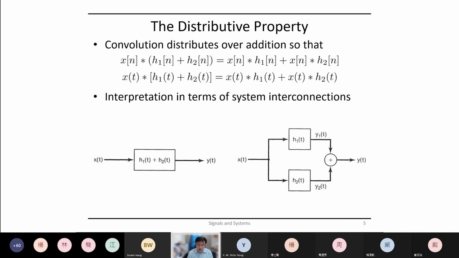Now on the left-hand side, this implies that you're taking x and passing it through a system with impulse response equal to h1 plus h2. And this distributive property tells us that these two system architectures yield the same effective input-output relation.